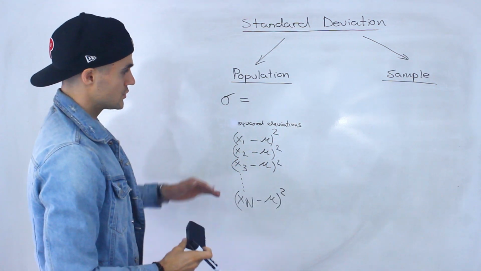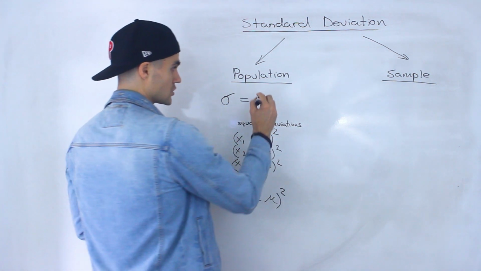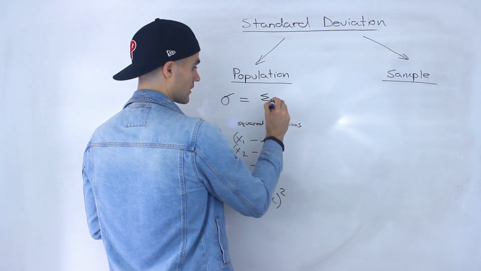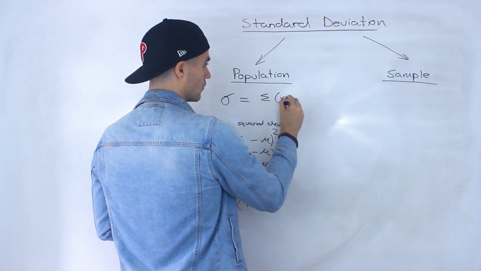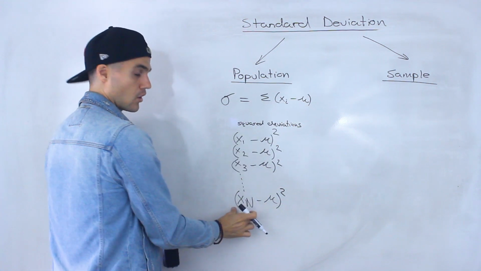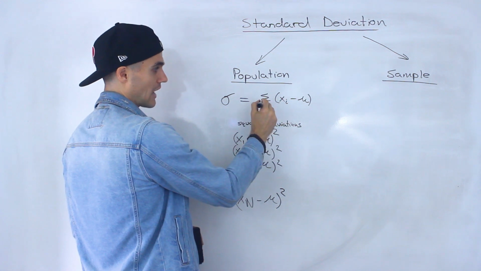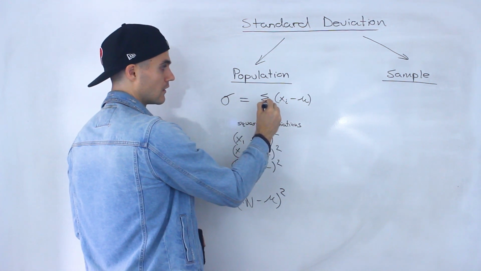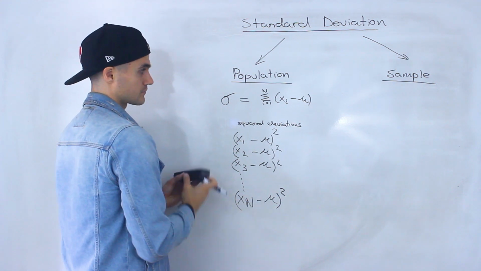And so what we're going to do is add up all of these squared deviations. So I'm going to put another sigma here, and we're going to go from x1 all the way to xn. I put an i here, so the i is going to start at 1 and finish at n.